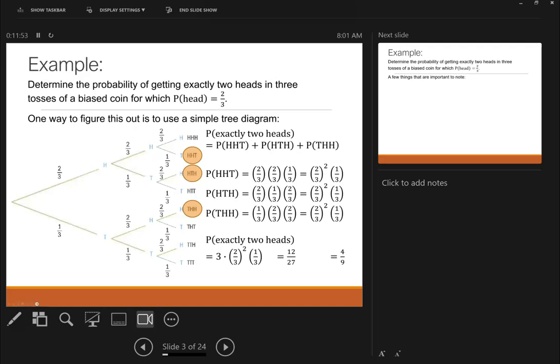So my formula is going to work out to be the number of ways the outcome can occur times the probability of success to the power of the number of successes times the probability of failure to the power of the number of failures. Does everybody feel okay with what we've outlined here?